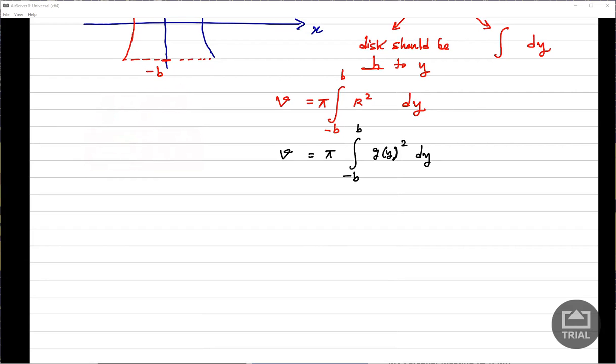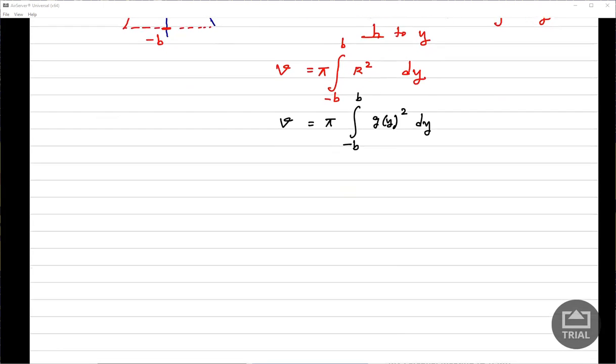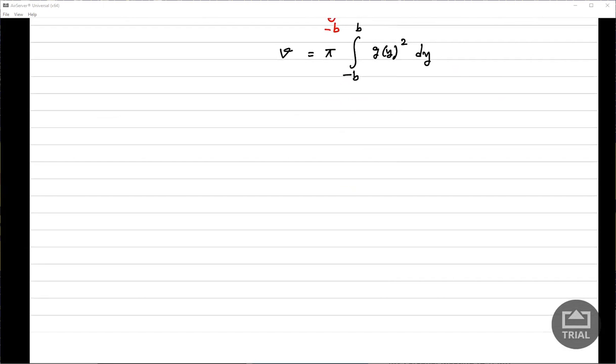Now, we will do an example here. Okay, question. Suppose you have the exponential function, Y is equal to e^x.